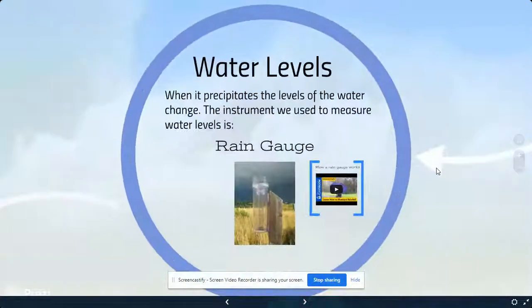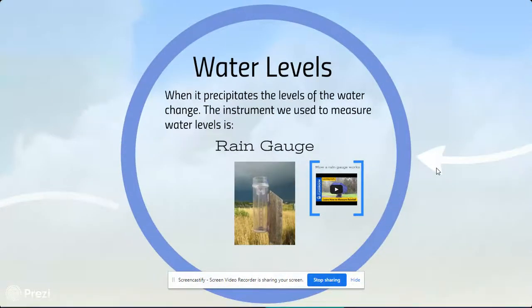Water levels. This is something that is more common at your house. If you look outside at your mom's or dad's or grandparents' house, typically someone in your family will have a rain gauge. A rain gauge measures the water level. The text says, when it precipitates, the levels of water change.